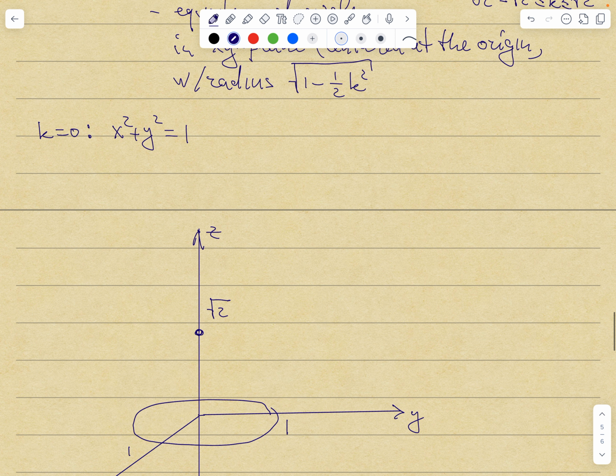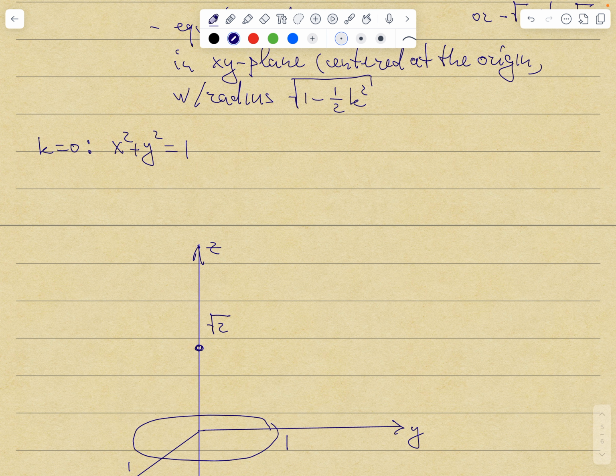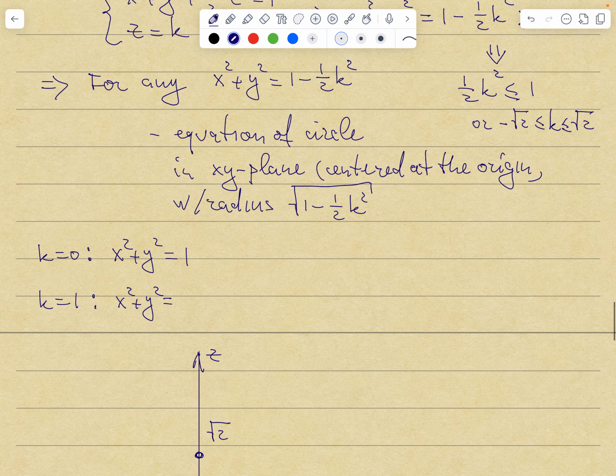When k is equal to, let's say, 1, I'll have x squared plus y squared equal to 1 minus 1/2 k squared.